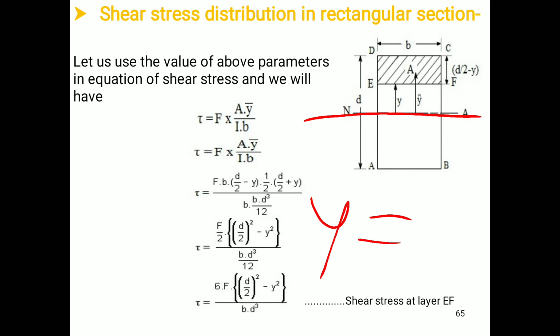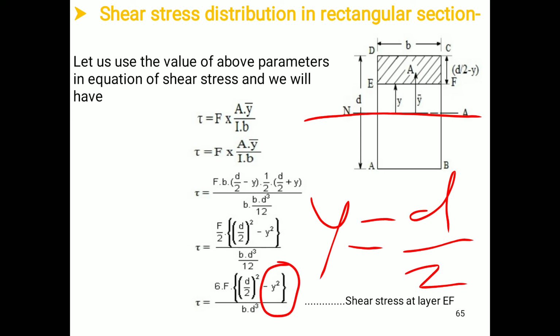But if I put y equal to d by 2 into this equation, then I have shear stress equal to 0. Remember that the value of shear stress is a function of y.